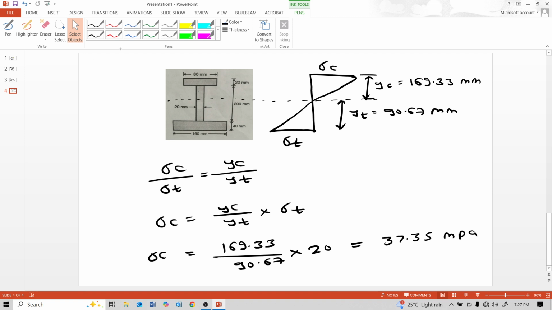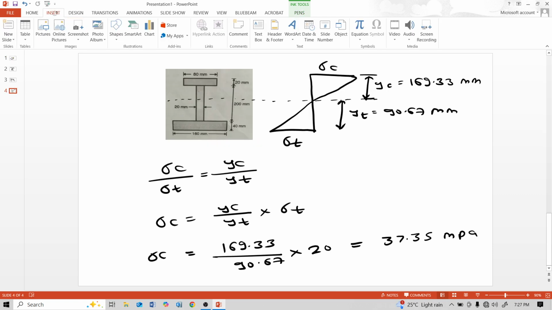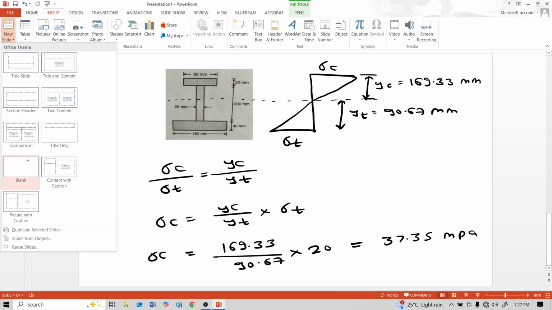For W calculation, calculate bending moment for this simply supported beam. The bending moment formula for a simply supported beam is WL square by 8.